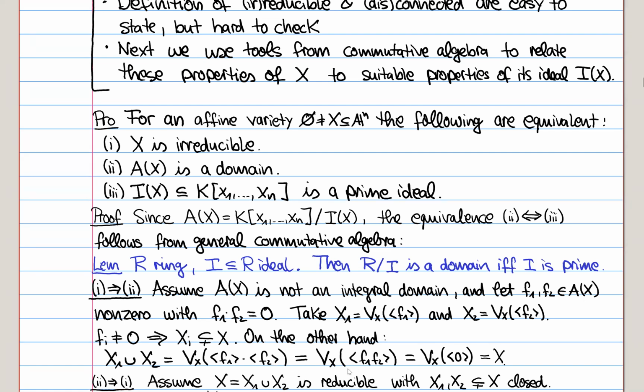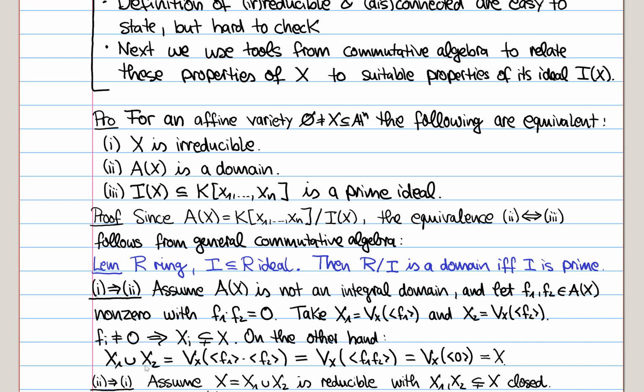And this gives you the ideal generated by the product, F1 F2. But now we look back at our assumptions and see F1 times F2 is 0. So we have the vanishing locus of 0. Well, 0 vanishes everywhere, and so this is all of X. And so indeed, we have obtained X as a union of two proper closed subsets. This part wasn't so hard.